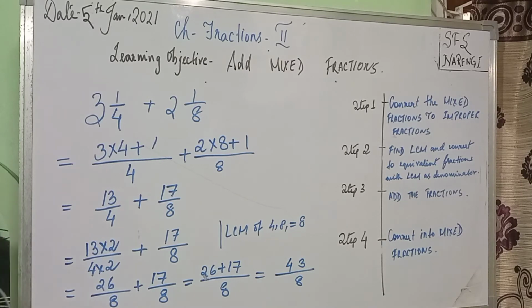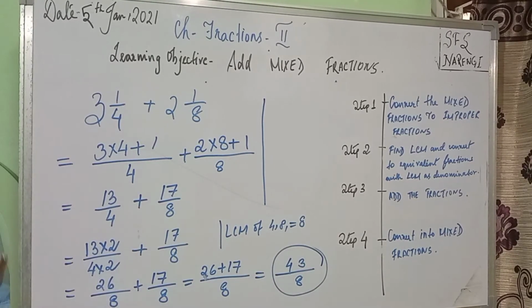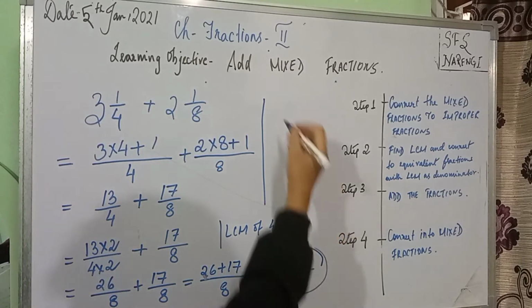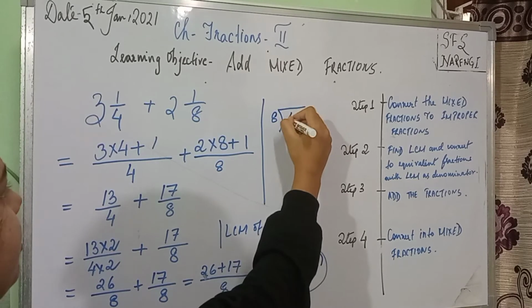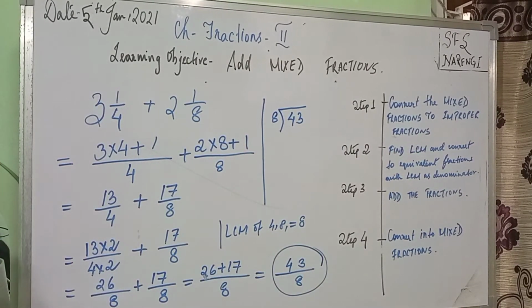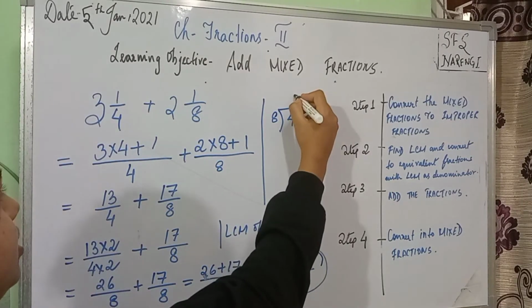Now see, children, this is an improper fraction. The last step is to convert the improper fraction into a mixed fraction. I think you have learned before that to convert an improper fraction to a mixed fraction, I have to divide 43 by 8. Do it by long division. I know that 8 fives are 40.